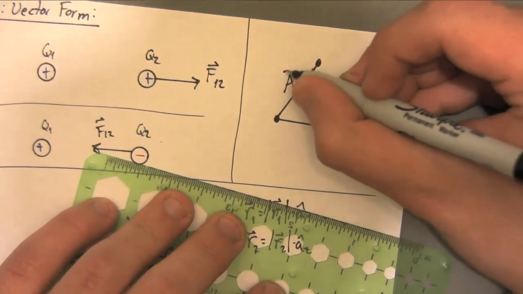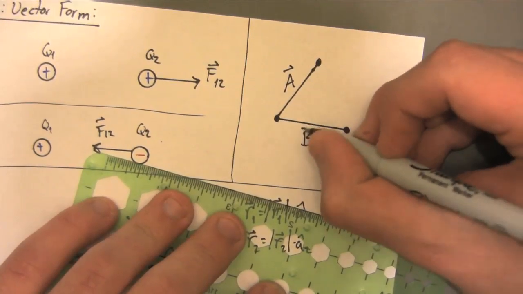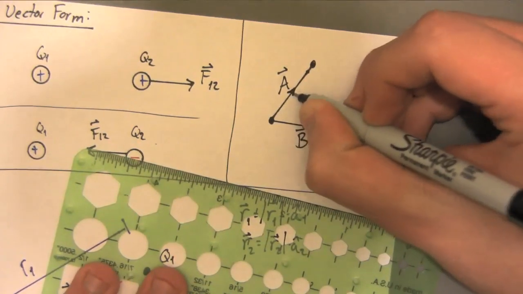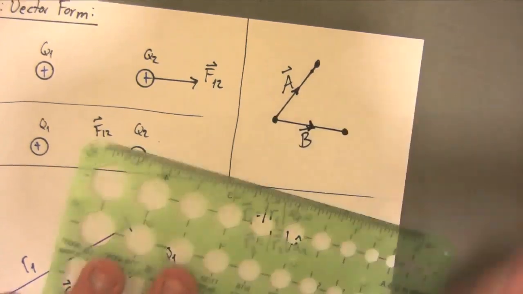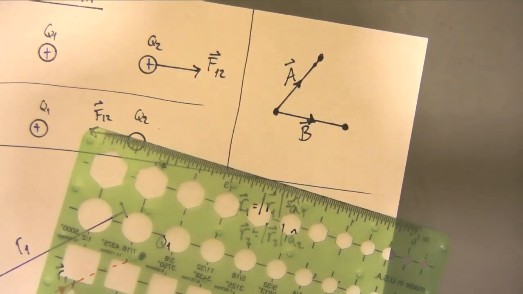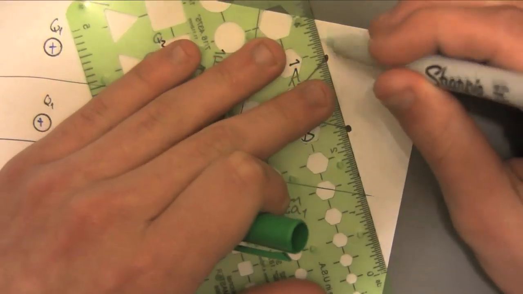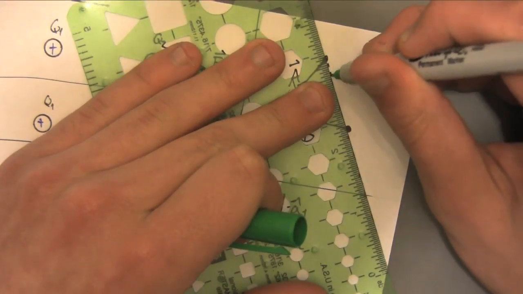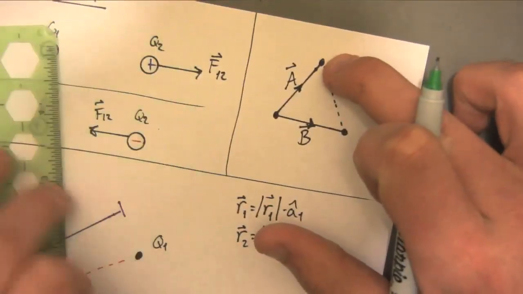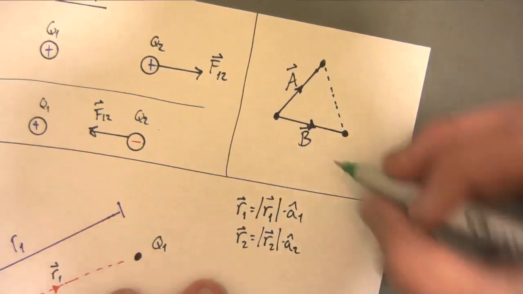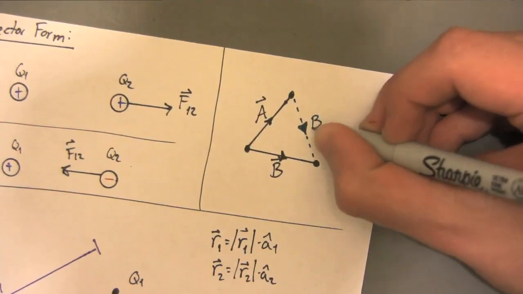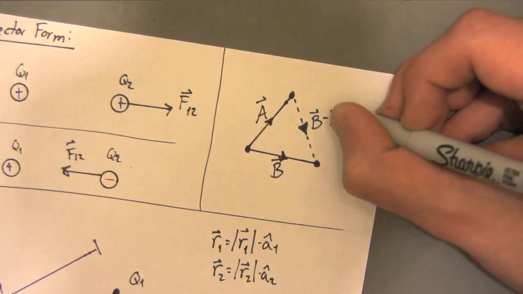We're going to find this vector here is vector A, and this vector is vector B. Of course, vector A is pointing in that direction, B is pointing in that direction. Now, if you want to consider this distance between the two, from the tip of A to the tip of B, that would be B minus your A vector.